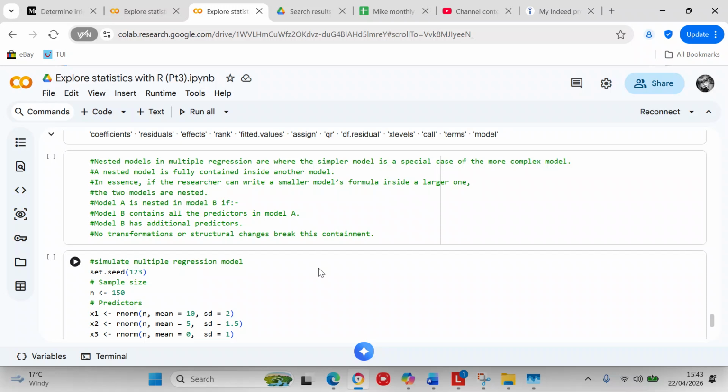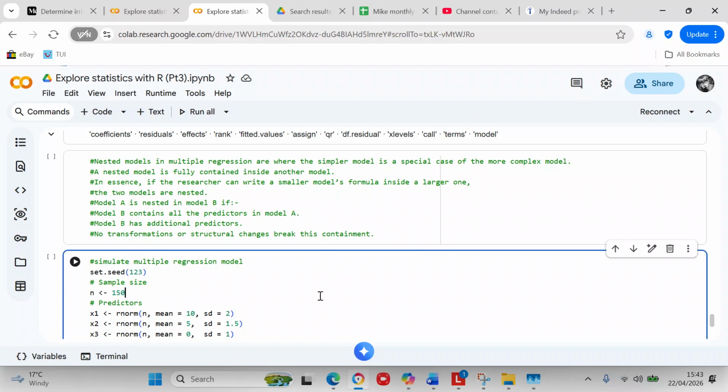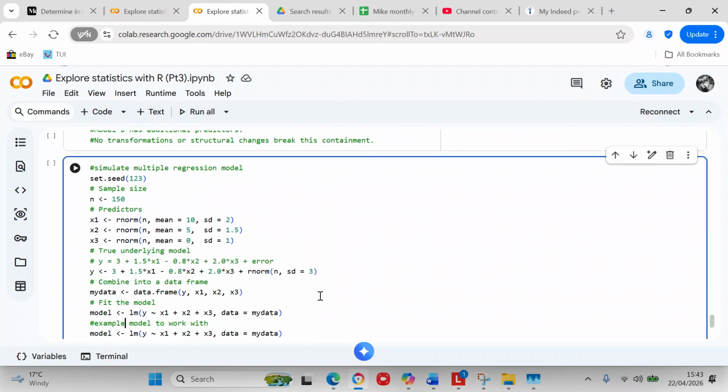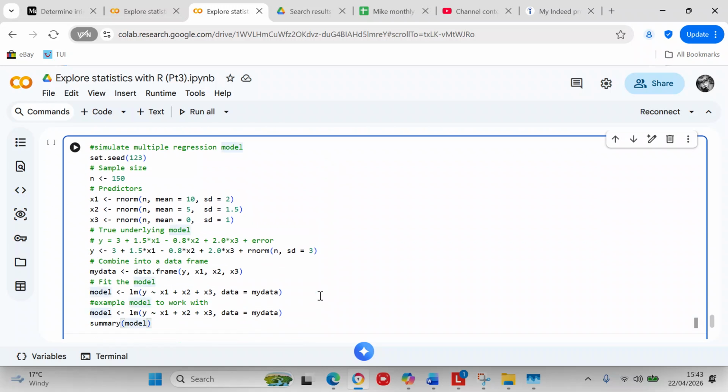So an example: model A is nested in model B if model B contains all the predictors in model A, model B has additional predictors, and no transformations or structural changes break this containment. So we're going to give you an example of nested models so you can see how they work.